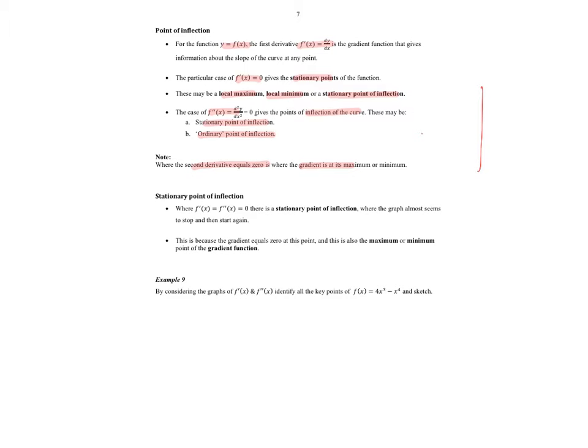So our non-stationary point of inflection, if we think about our cubic graph, we're going up, we come down, it's getting steep, and then at some point in time it starts to turn around to head back up again. So that point there is my point of inflection, where the gradient is as steep as it's going to be, and then it starts to get flat again. At that point there, the second derivative is equal to 0. So obviously f dash is also equal to 0 at that point there.